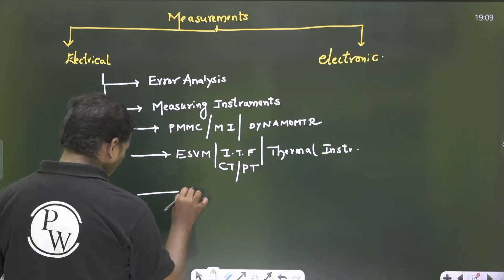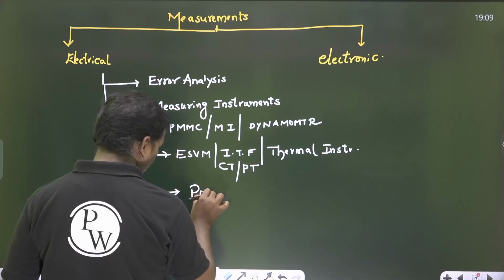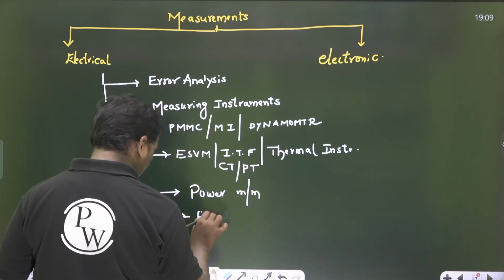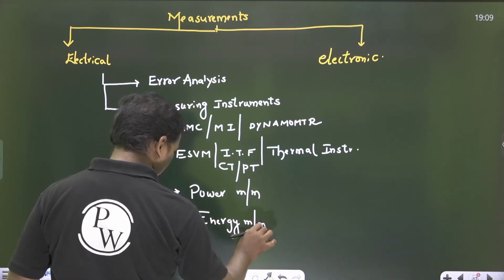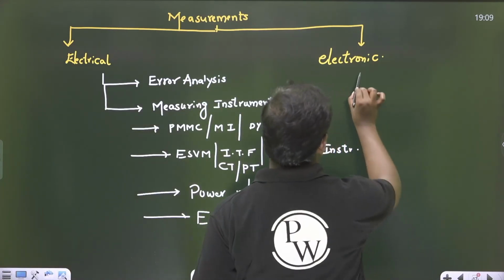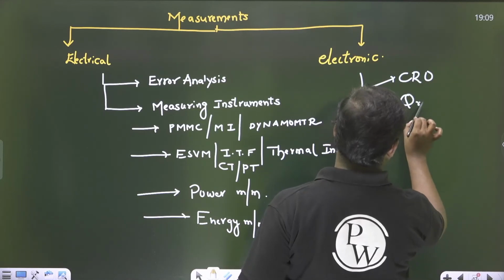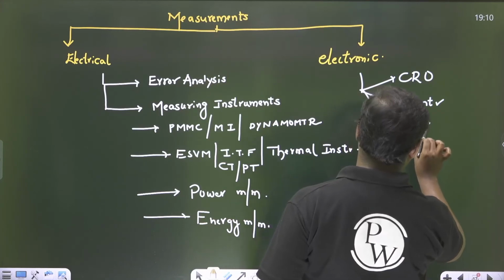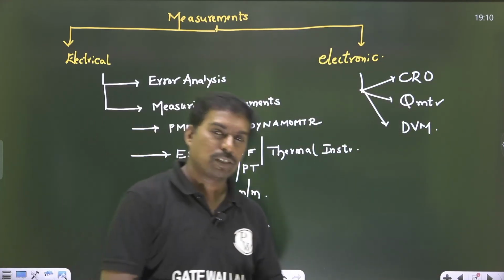And after that, please go through the power measurement and energy measurement. Under electronic measurements, majorly you can get the questions from CRO, Q meter, and for ECE. So these are the major topics. Try to complete all these topics first.